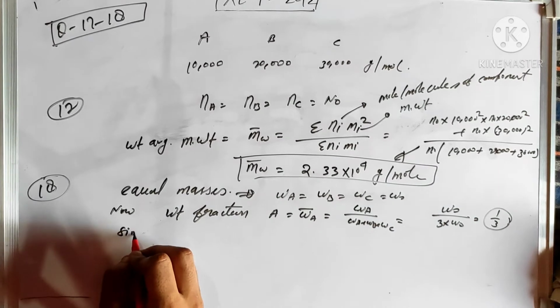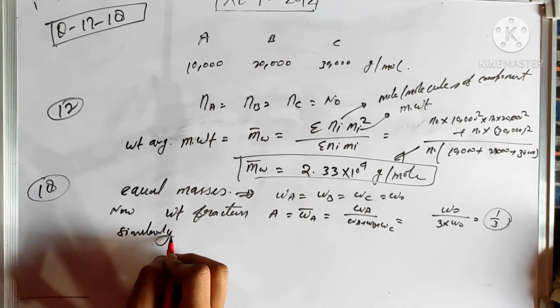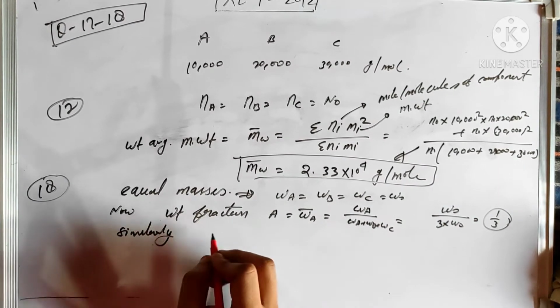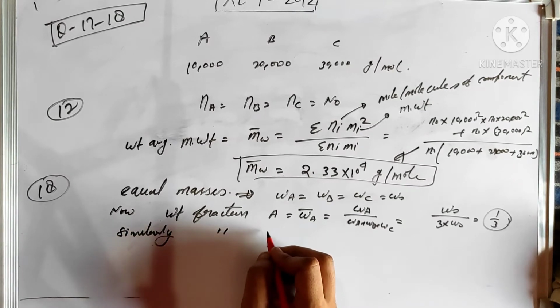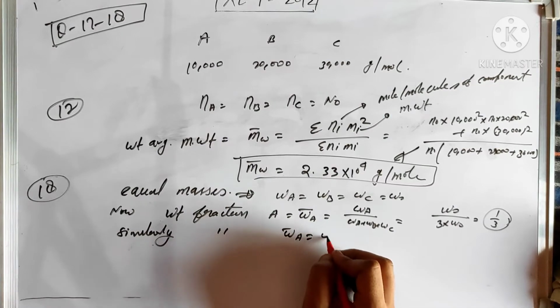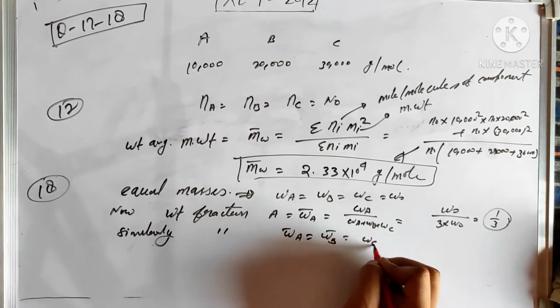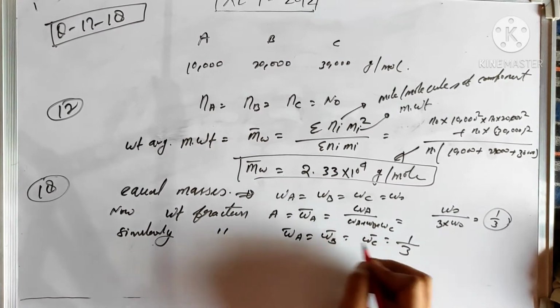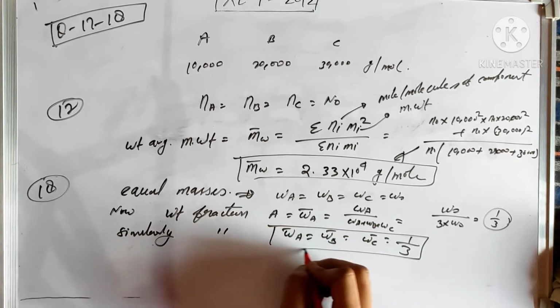Similarly, the weight fraction of component B, where A is equal to B is equal to C, is equal to 1 by 3. Okay.